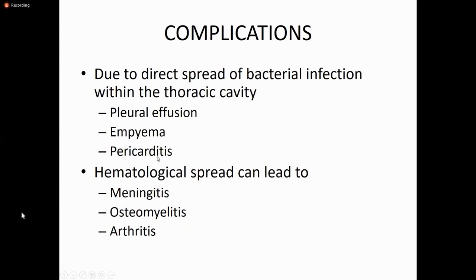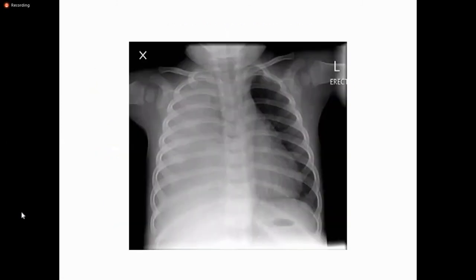These are very, very serious complications which can occur due to direct spread of bacteria from the lungs to these areas. Hematological spread of the organism can lead to meningitis, osteomyelitis, and sometimes arthritis. So it can be very dangerous, especially meningitis.